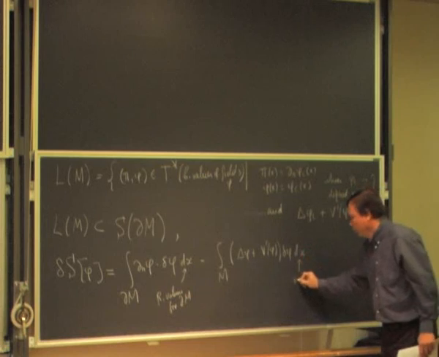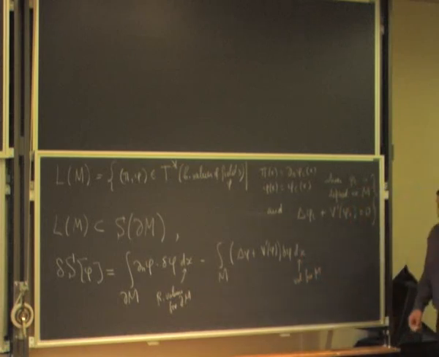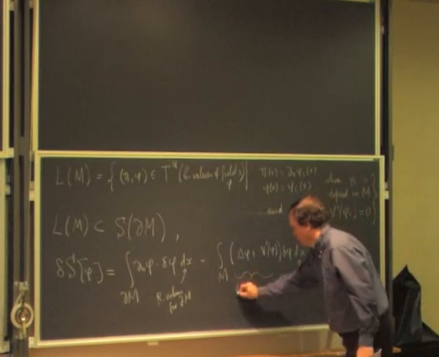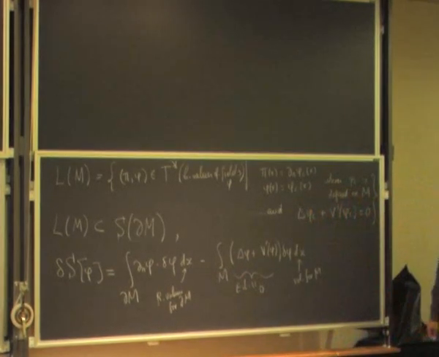This is the volume for N. So Euler-Lagrange equations, we guarantee that this term is vanishing.